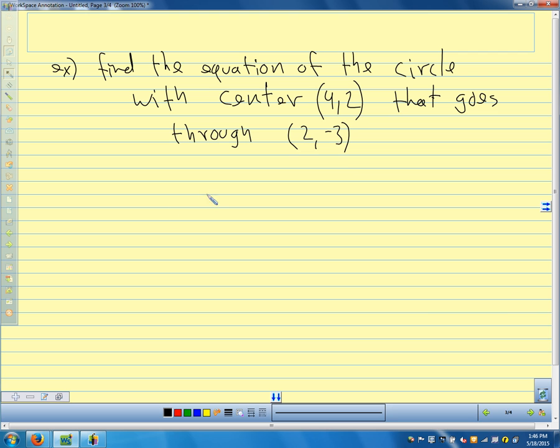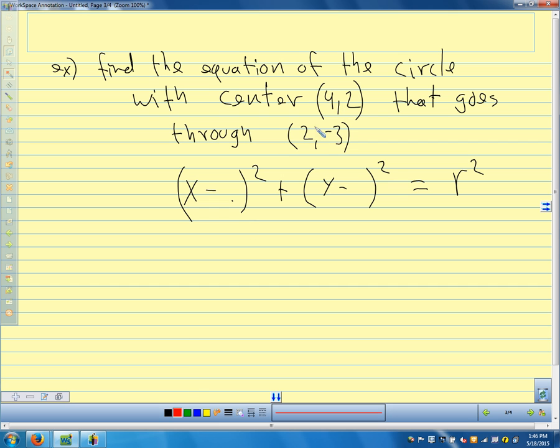All right, so our equation of our circle is (x - something)^2 + (y - something)^2 = r^2. We don't know the radius here. And the somethings that we put in here are the numbers from the center.